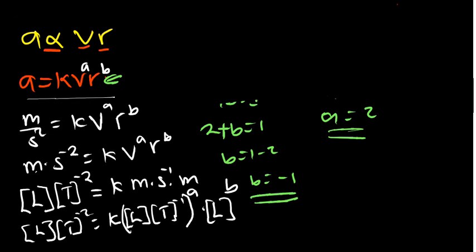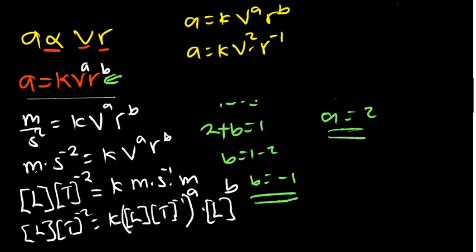We have our formula, which is a equals K V to the power A R to the power B. So our expression is going to be a equals K V, the value of A is 2, times R raised to the power negative, the value of B is negative 1.